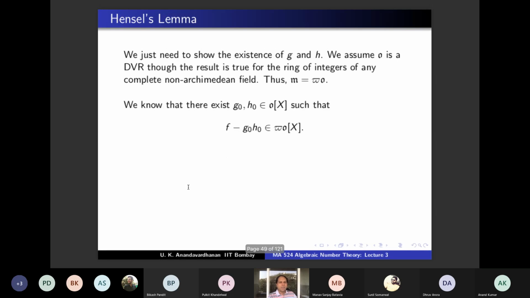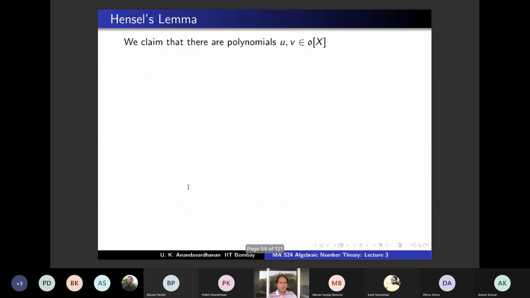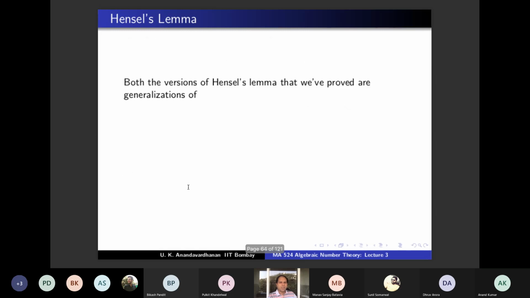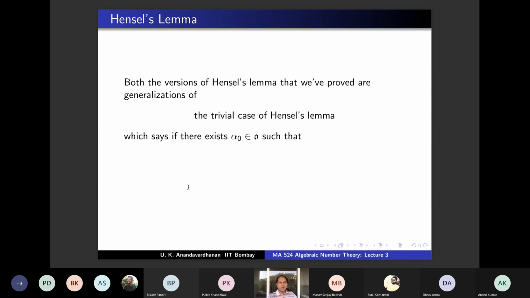And as I said, both these Hensel's lemmas that we have proved have a corollary, which is a trivial case of Hensel's lemma. So both the versions of Hensel's lemma that we have proved are generalizations of what is called the trivial case of Hensel's lemma, which is the following statement. If there exists alpha naught in O such that f alpha naught is congruent to 0 mod m and f prime alpha naught is not congruent to 0 mod m, right?